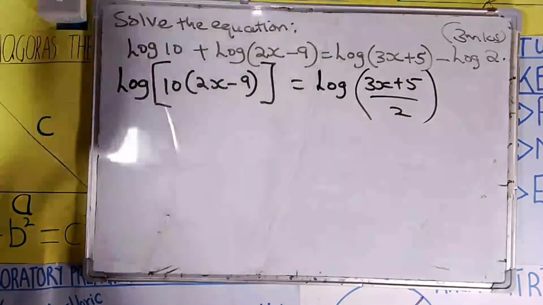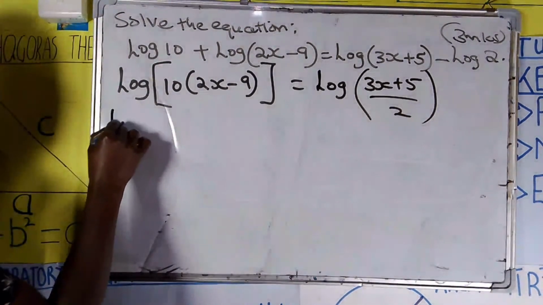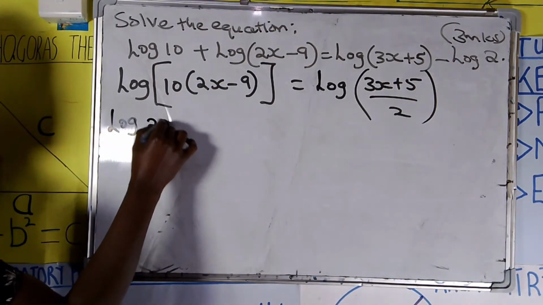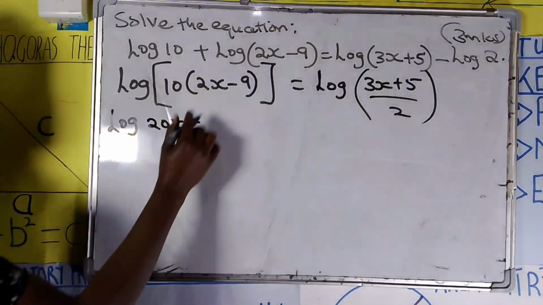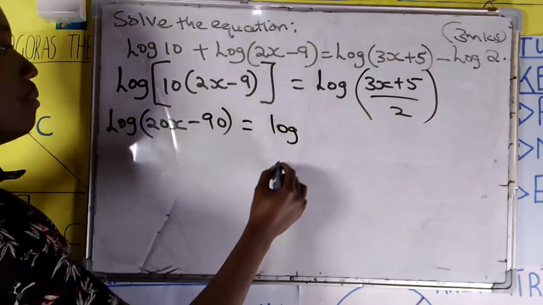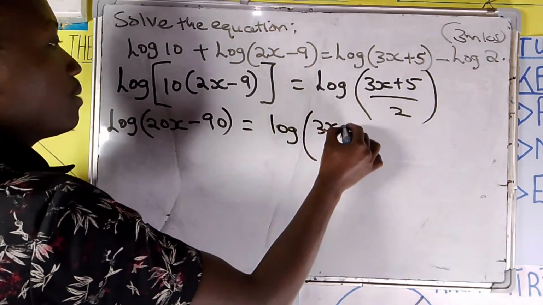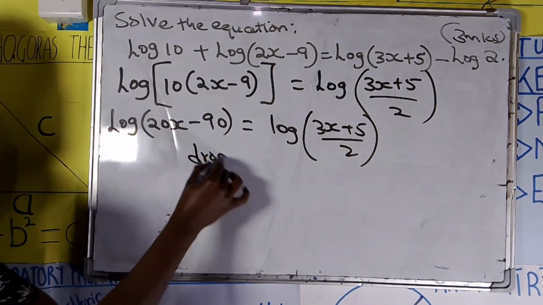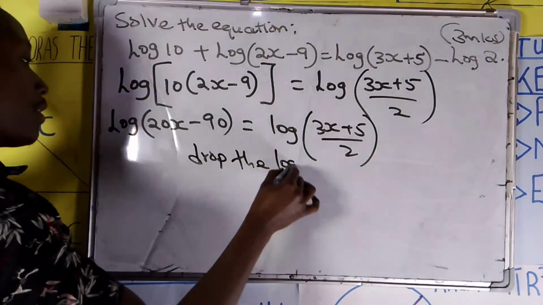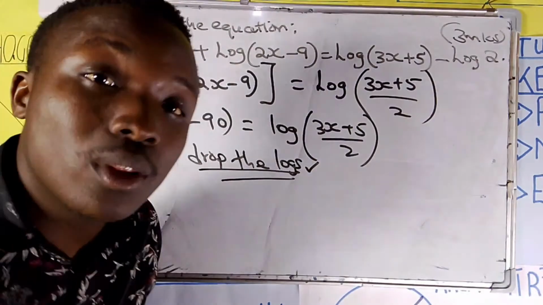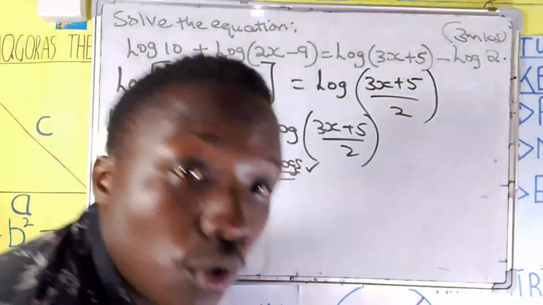You don't have to write those formulas. So logarithm 10 times 2x will be 20x minus 10 times 9 is 90, is equal to logarithm of 3x plus 5 divided by 2. At that point, you can drop the logs. Listen, you don't cancel the logs.